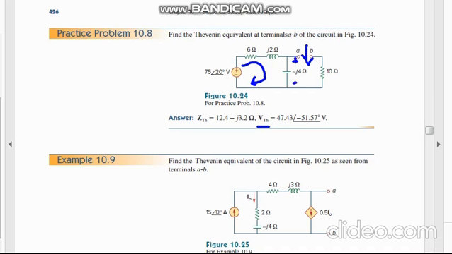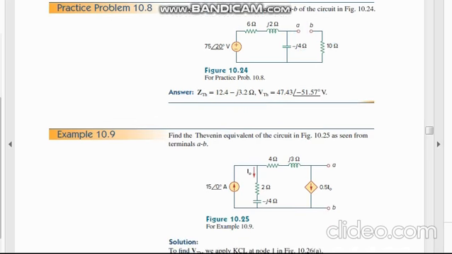After finding out this voltage, it will be lumped in that part, because as it is an open circuit, there will be no current flowing here. So the voltage across the minus J4 ohm is equal to the V Thevenin or VAB. Okay, so that is a basic circuitry that we will solve.